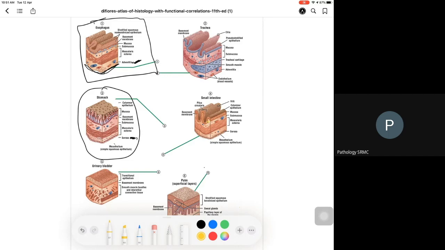And another point, here they call it muscularis externa, and muscularis externa and muscularis propria are the same. They have not shown the muscularis mucosa there, but can you see the blood vessels in the submucosa? At the junction of the mucosa and submucosa, I will draw it, you have a muscular layer here.